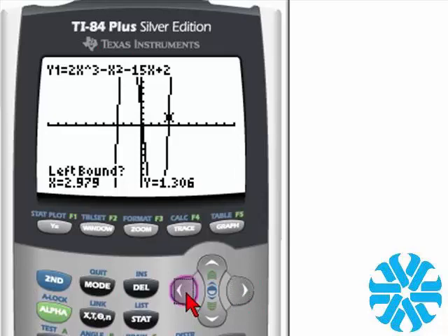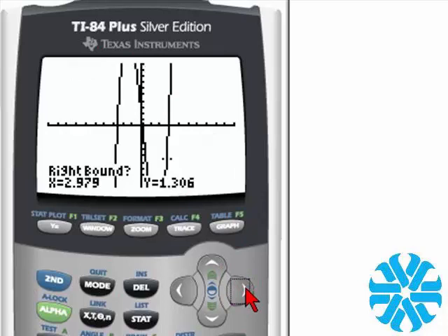Oops, so I went one too far. So there's the left bound. The cursor is to the left of that intersection point. So we'll select enter, and then you can see the little arrow it puts down, and then we will move a little bit to the right, and there it is.